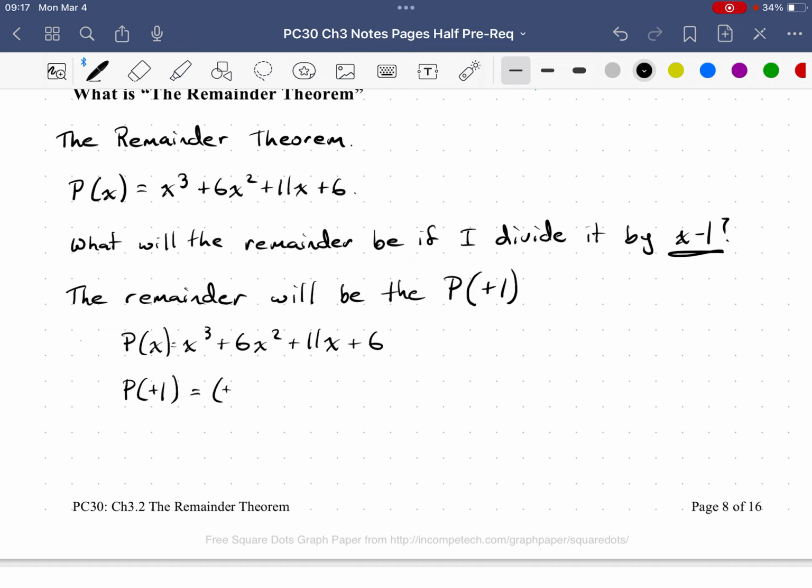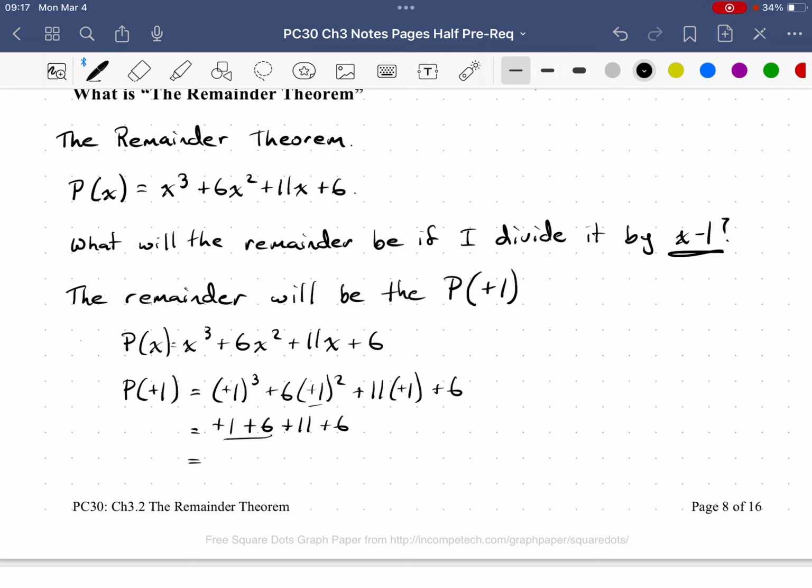So it's equal to plus 1 cubed plus 6 times plus 1 squared plus 11 times plus 1 plus 6. So plus 1 cubed is just plus 1. Plus 1 squared times 6 is plus 6. Plus 11 times plus 1 is just plus 11, plus 6.